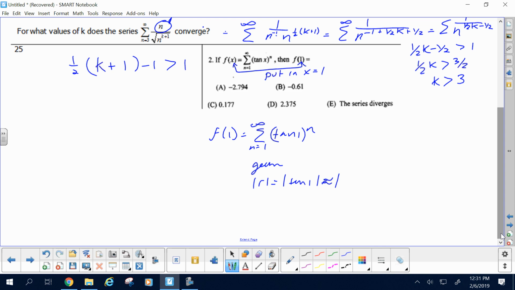Is that positive or negative? 1 radian is about 57 degrees, so it's definitely positive. It's got to be greater than 1. 45 degrees is 1, so that's greater than 1, yeah? Tangent of 1 must be greater than 1, isn't it? Yeah. That's greater than 1, so it diverges. Okay?